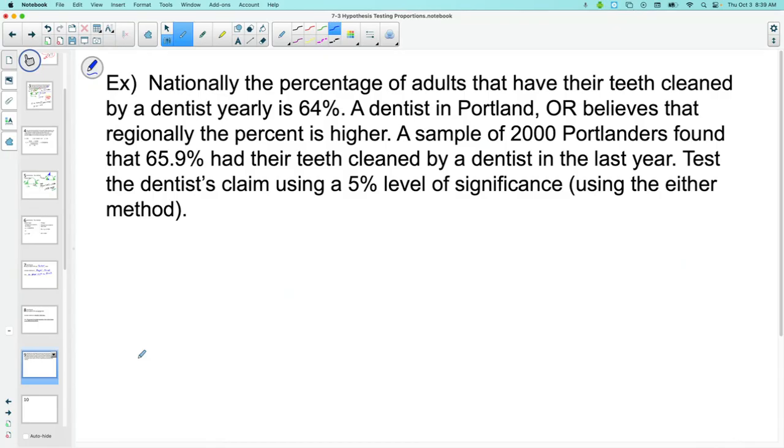So what I want you to do first on this one is to at least set up your critical scores. What are your critical scores going to be on this one? It's different. You're not going to have the same z-score on this one as you did on the last one. So how is this different?